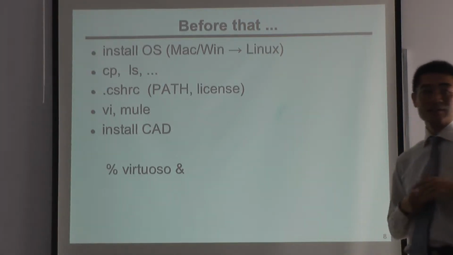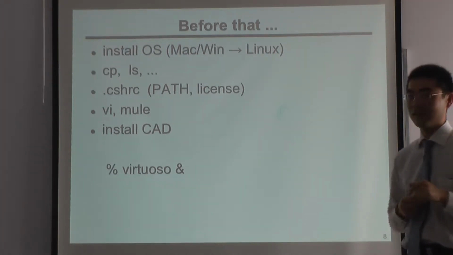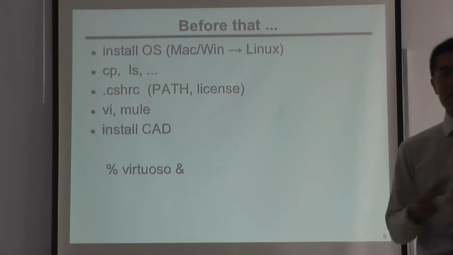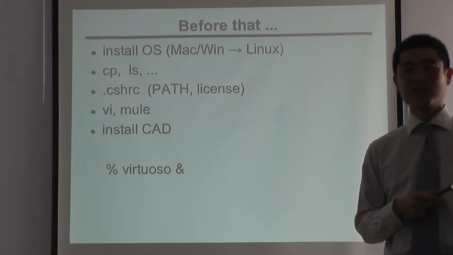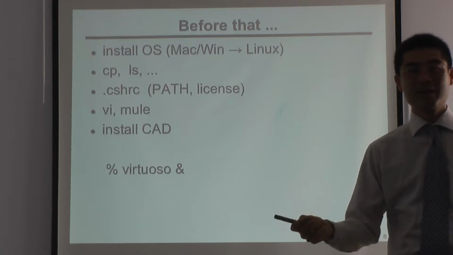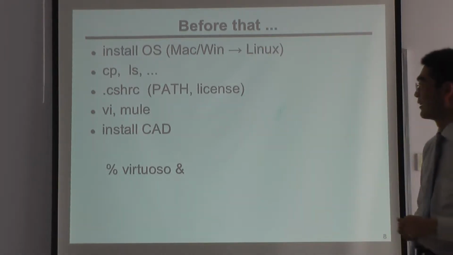So first we install the operating system, and most of them do not know about Linux. They are used to Mac or Windows. So the first thing you have to do is learn Linux commands: cp, ls, pwd, and so on.